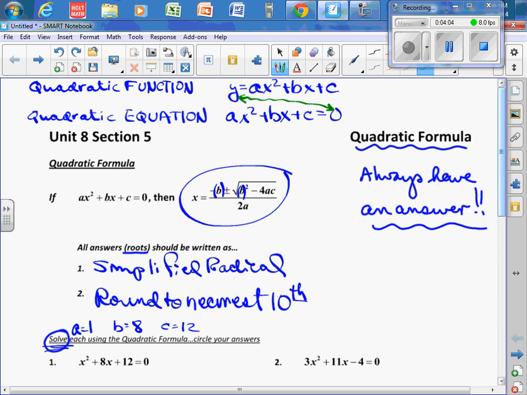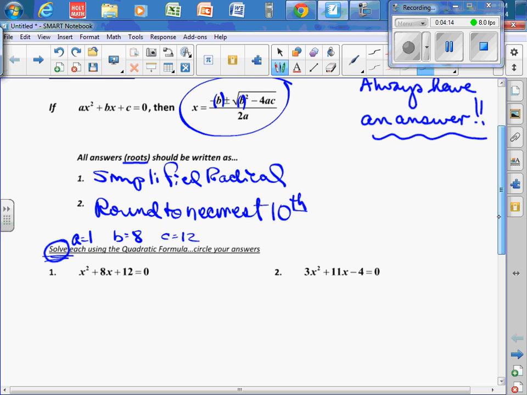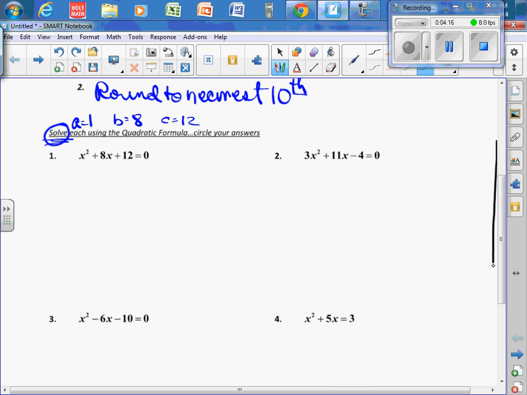If you don't, I guarantee it. So put B in parentheses. You got negative B plus or minus the square root of B squared minus 4AC, all of it over 2A. So all we're going to do is plug the numbers into the formula and just simply do the math. So X equals negative B plus or minus the square root of B squared minus 4AC, all of it over 2A. And now I'm going to plug in my numbers.